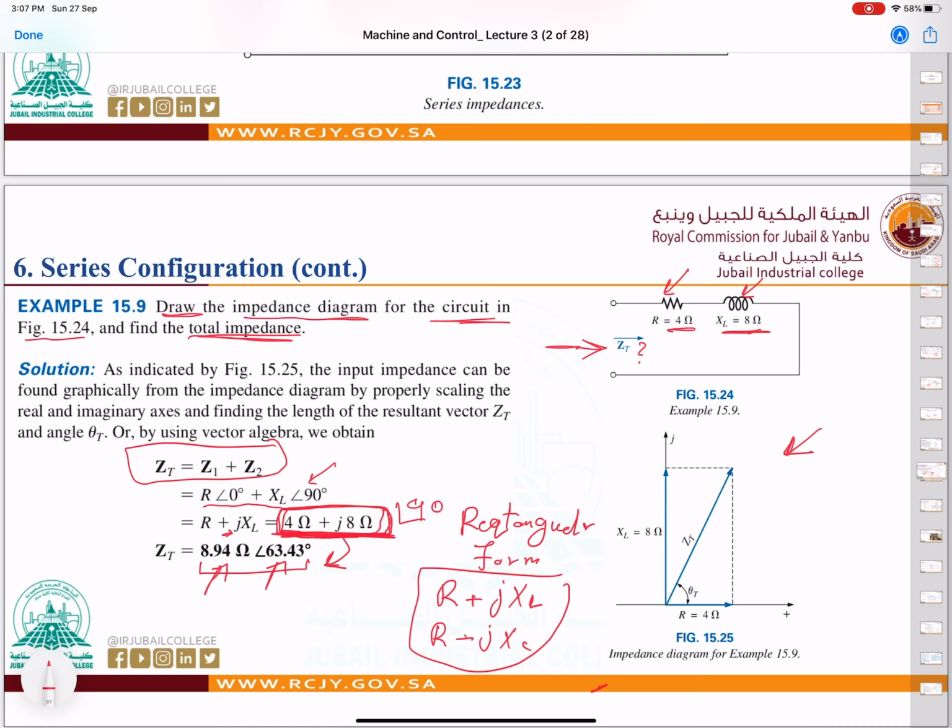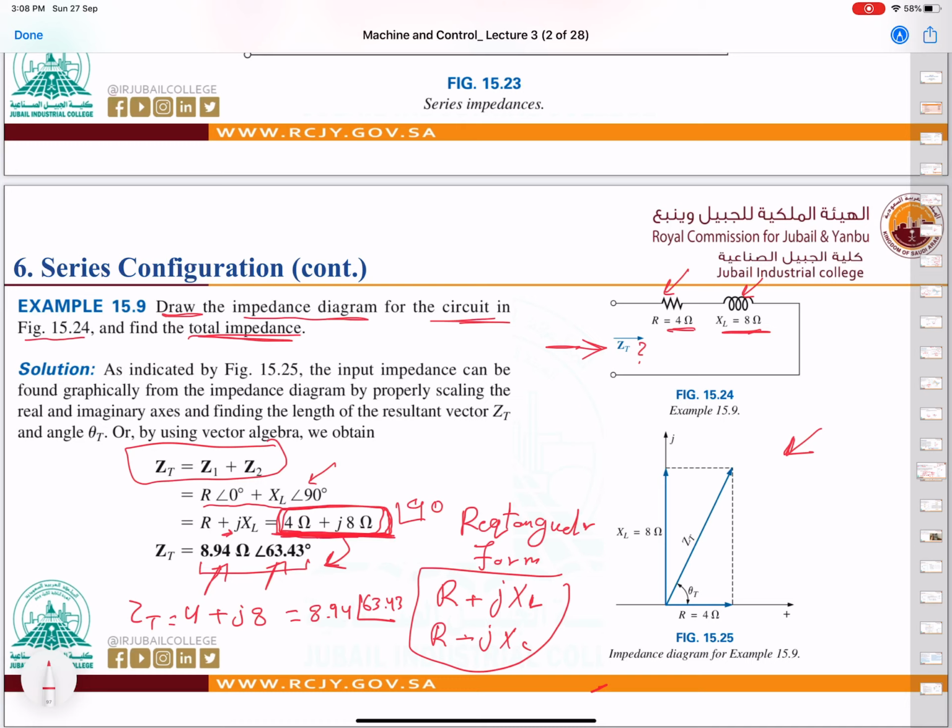They are the same, okay? So Z total is equal to 4 plus j8, which is equal to 8.94 with angle 63.43. This is just only conversion, okay?